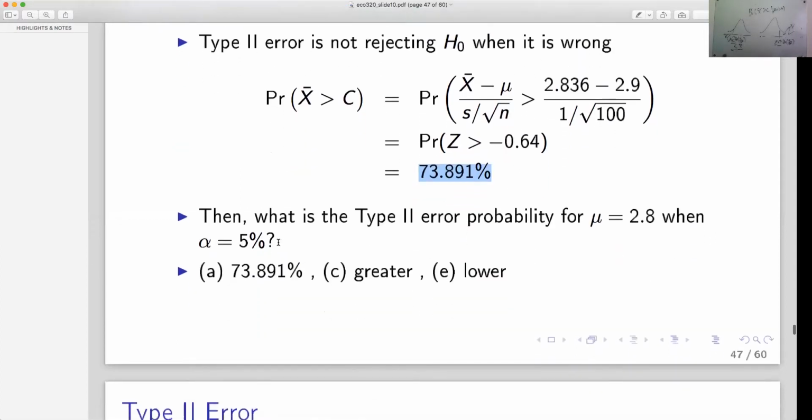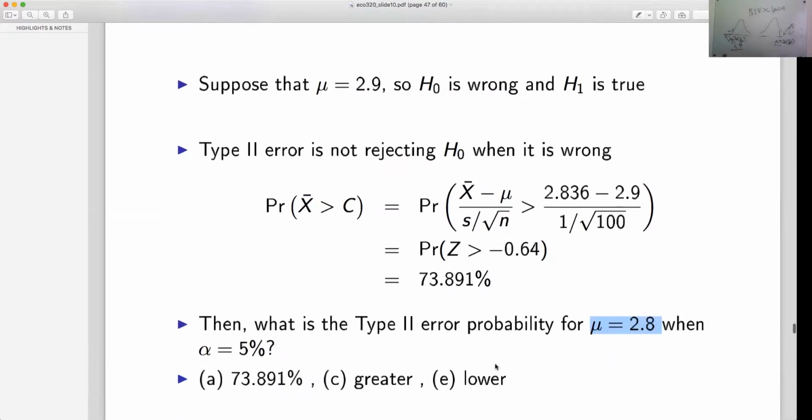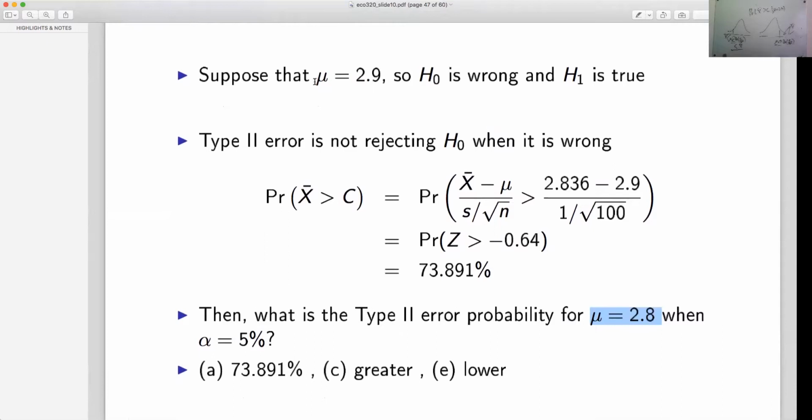And how does it change when mu equals 2.8? You don't even have to calculate that. We went over this before, how it affects the type 2 error. As mu is closer to the value we are testing, which is 3, the type 2 error becomes larger. But as mu gets farther from the value we are testing, it becomes lower.